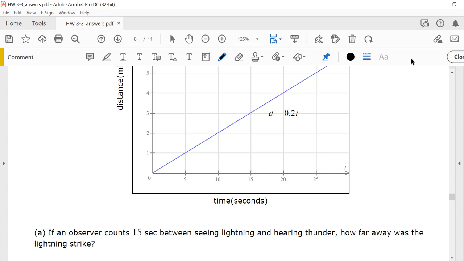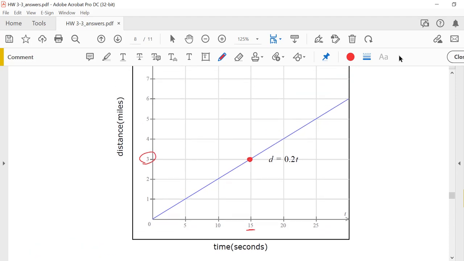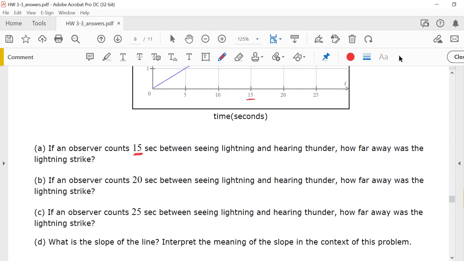So we're going to go to 15 seconds on the x-axis. We're going to go up, find our point, and then we're going to go to the y-axis, and we'll see that the distance would be 3 miles. So 3 miles. Let's do it again.